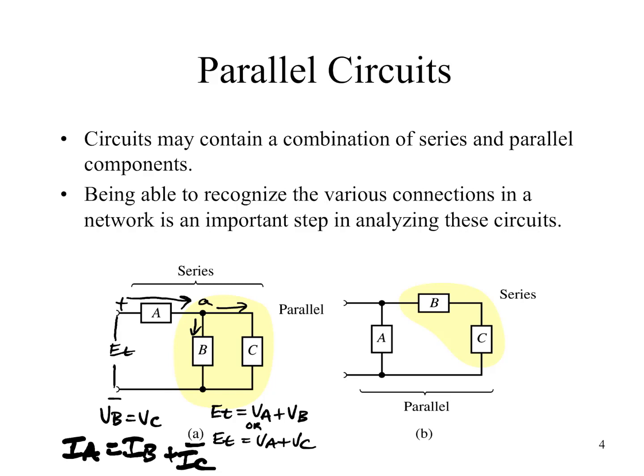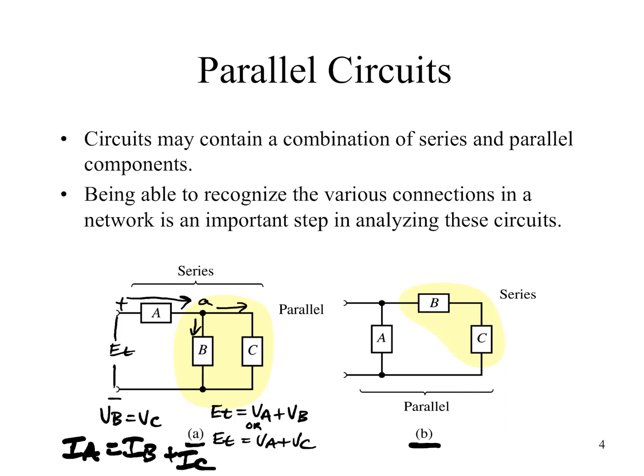Looking at this one over here on the right, how would we describe it? We would say that load A is in parallel with the series connection of load B and C. So how could we describe voltage in this case?